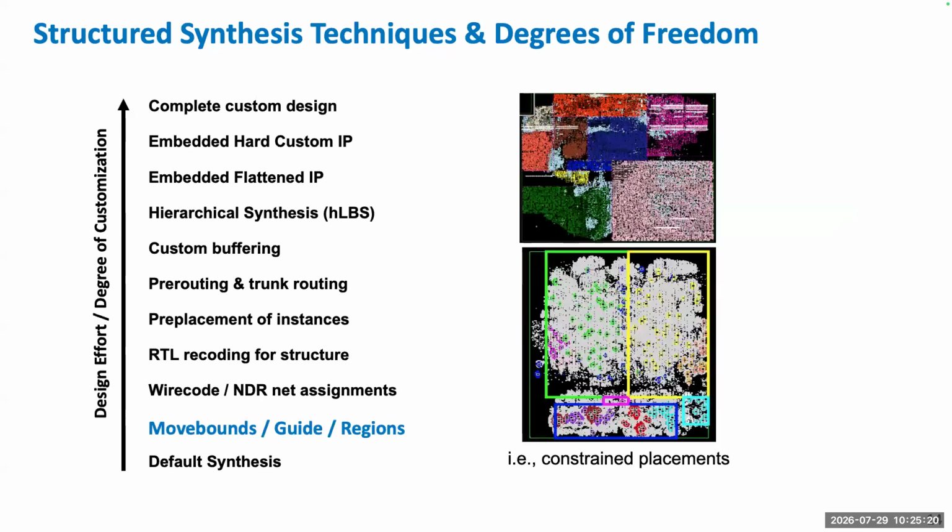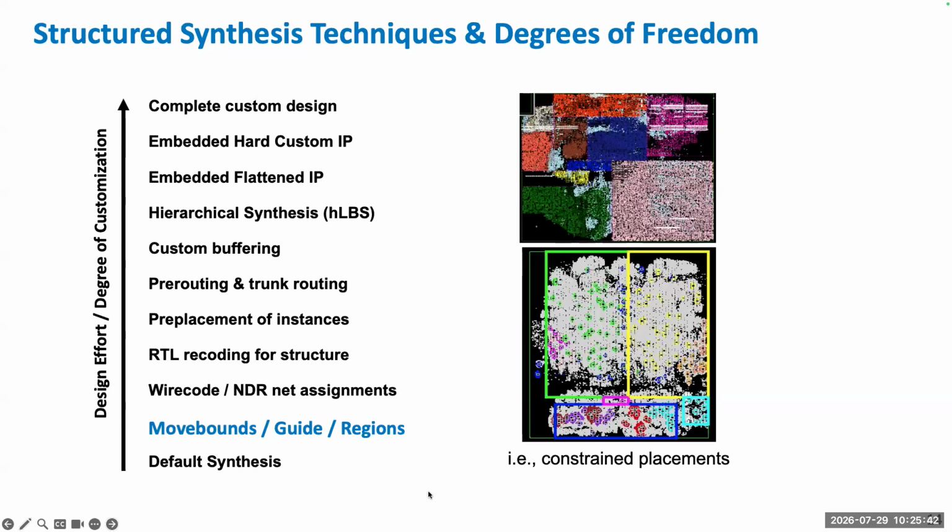So let's walk through these. I'm going to use a mixture of IBM terms and industry terms. I think just the pictures will get the point across. One thing we can do is to move bound or guide the instance placements. This is a first order degree of complexity or human effort, let's say going from the bottom to the top.